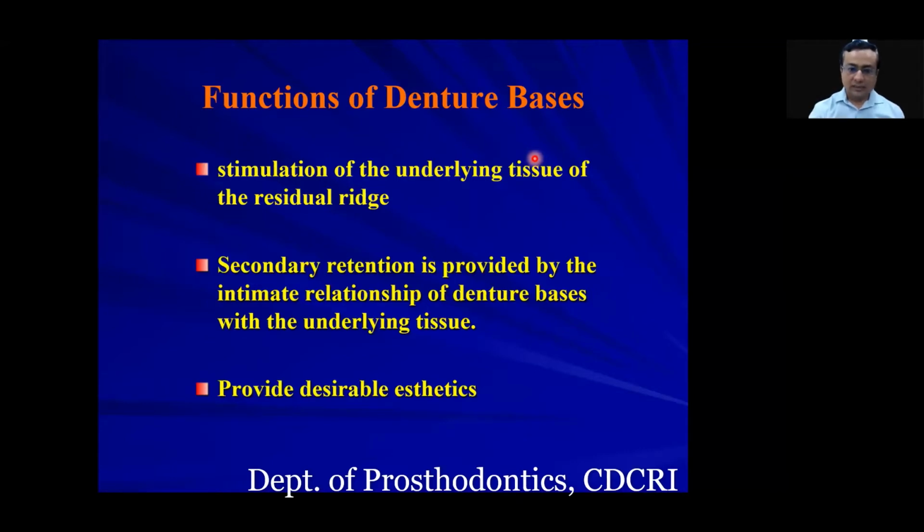Now, this denture base replaces the alveolar bone. So in a way, it helps in aesthetics also. Particularly in the anterior region, what happens if the tooth is lost and along with the tooth, there is a tremendous alveolar bone resorption? Particularly if the tooth is lost either due to periodontal disease or the patient is not replacing the tooth for a longer duration of time.